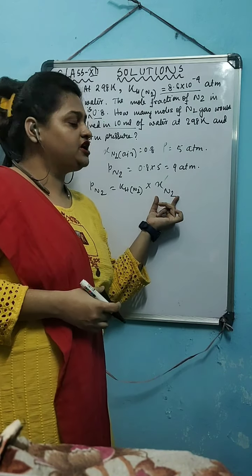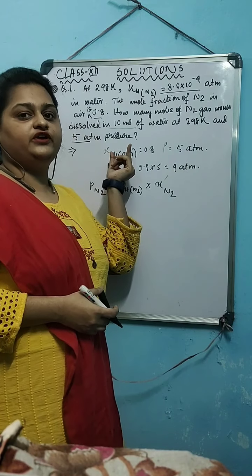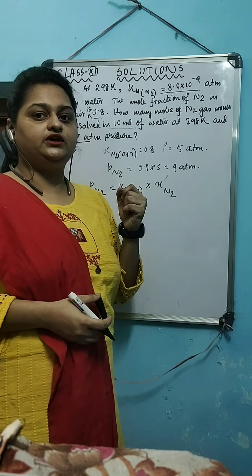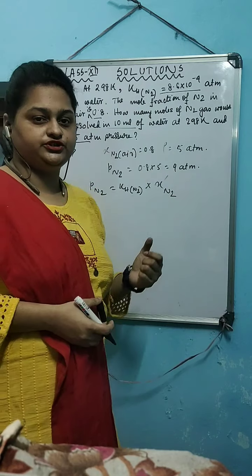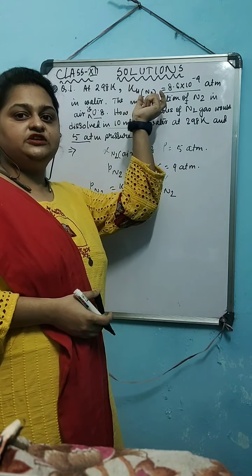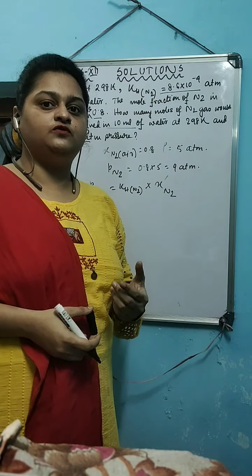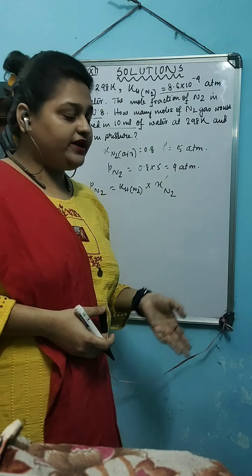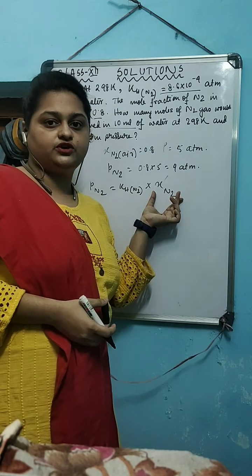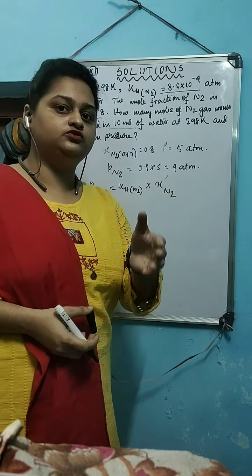Now this is different from the previous mole fraction that was given. The mole fraction given in the question is the mole fraction of nitrogen in air. We have to find out through Henry's equation the mole fraction of nitrogen in the solution.